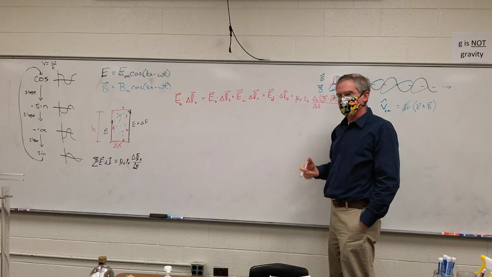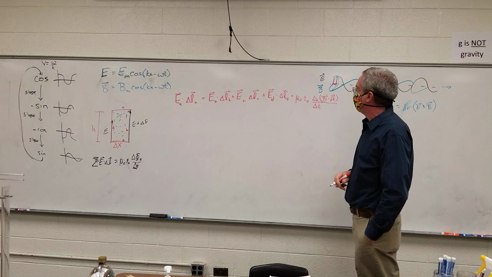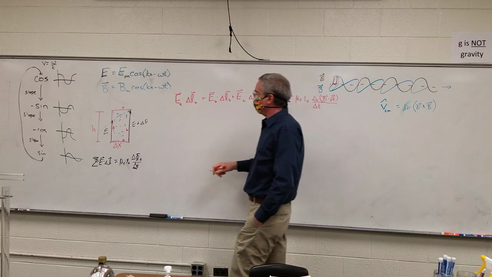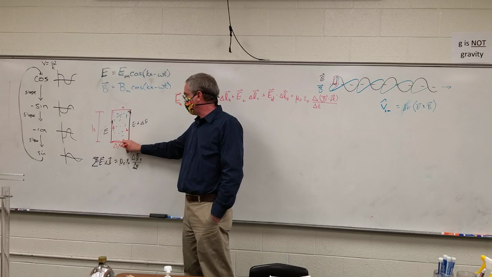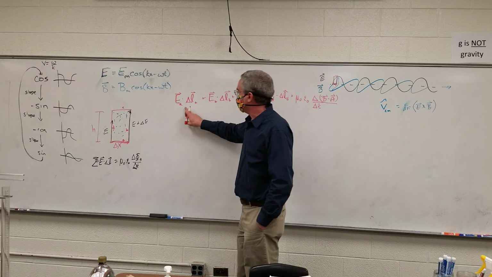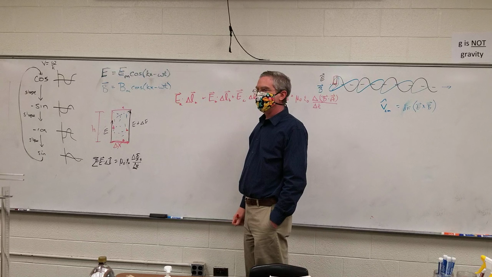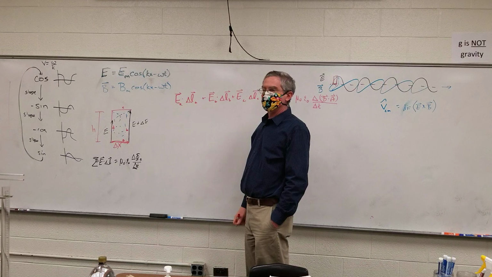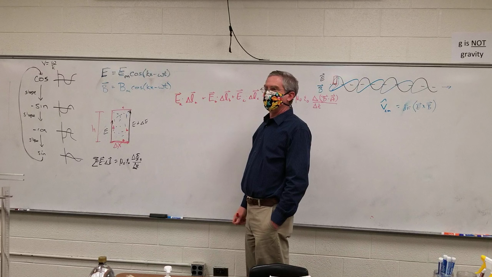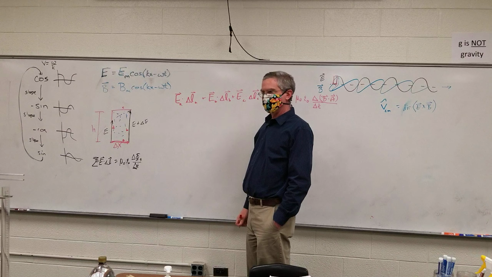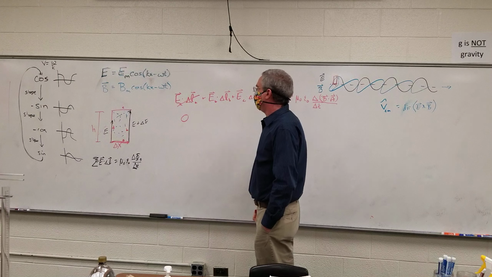Yeah, it's perpendicular to the surface, so we're gonna pick the same direction as B. All right, so along this path, as I'm moving to the right, what is E dot that length? Well, they're perpendicular, so it should be 0. Yep, 0.